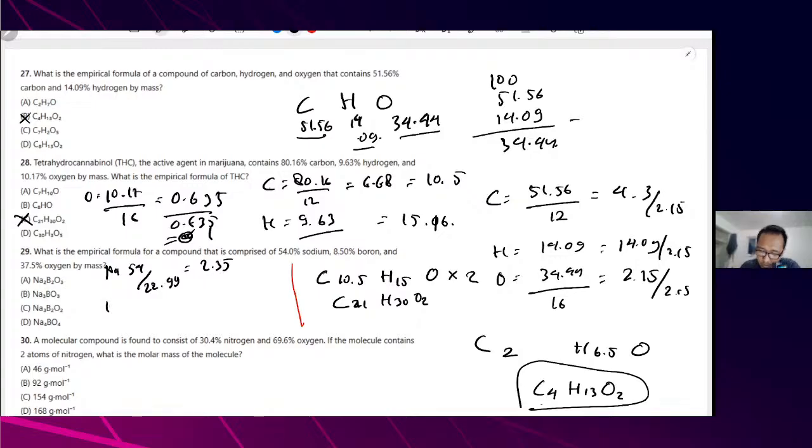How about boron? Boron itself is 8.5% divided by 10.81, so it's around 0.786. And then the last one is oxygen.